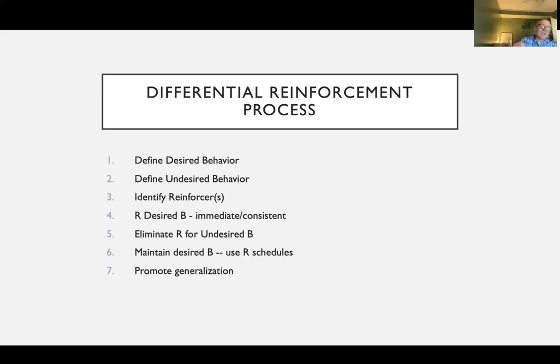For those of you who want to go deeper with this, I'm not going to spend time on it, but we do in this field talk about differential reinforcement. And what that means is if I have an undesirable behavior, I want to reinforce something else. So instead of just telling your dog no, what you want to do is train your dog an alternative behavior.